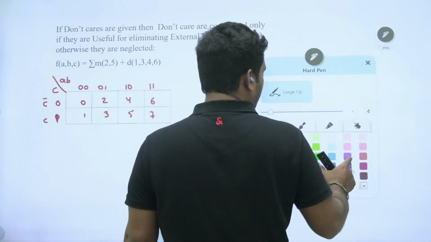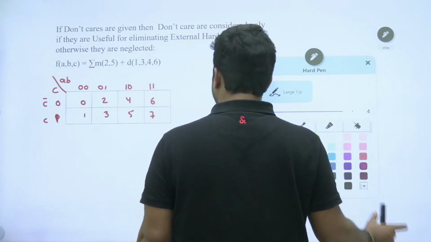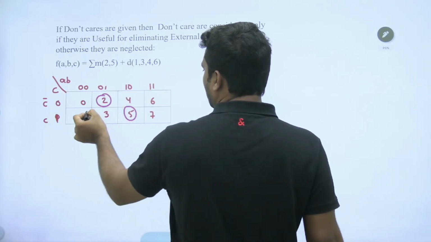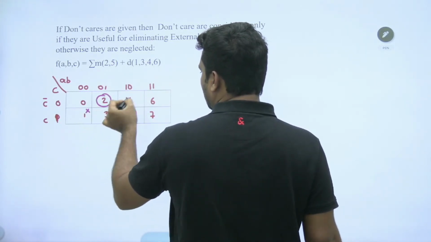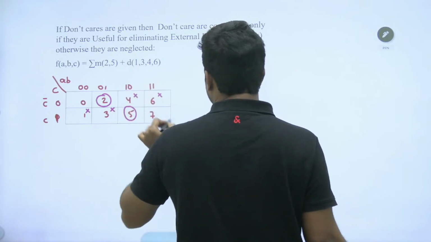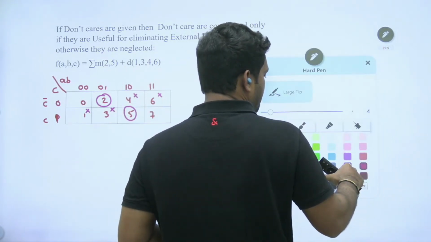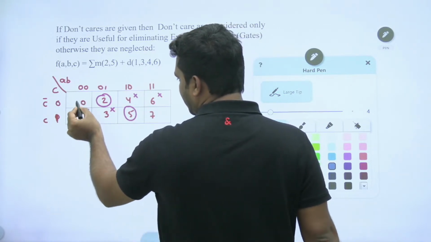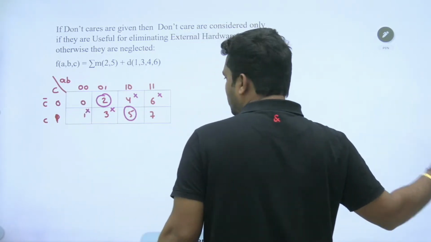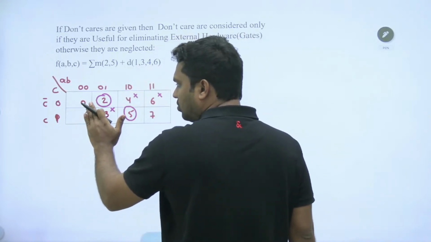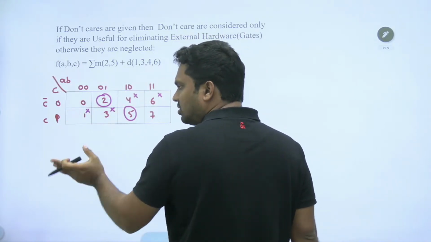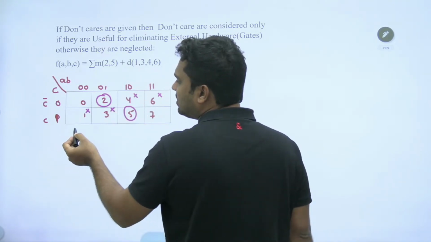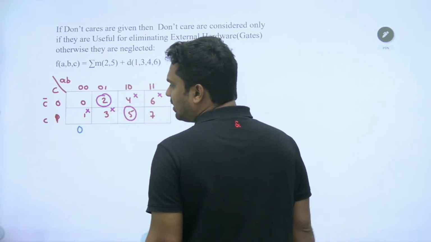So sum of the minterms 2, 5, with don't cares 1, 3, 4, 6. Here the problem is, if you don't consider the don't care, the answer is 0. If you consider the don't care, it is C. Which one is okay for you? Anything is fine. So we just neglect the don't care here.